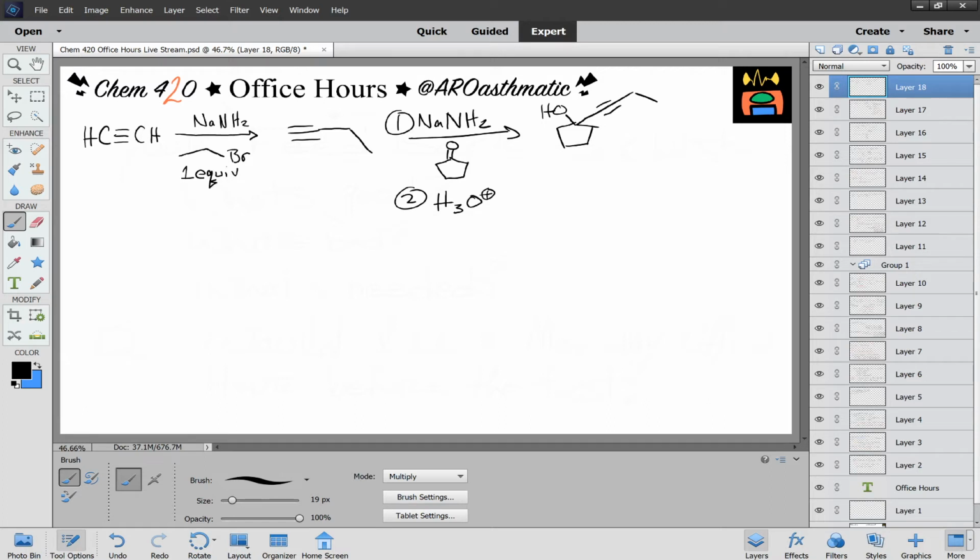Let's maybe do one with a little more of a bite to it. I'm going to pull up one of my old exam problems from when I taught this class at a different college. But still, OChem doesn't change. Well, it does, but this class doesn't. It's pretty consistent.